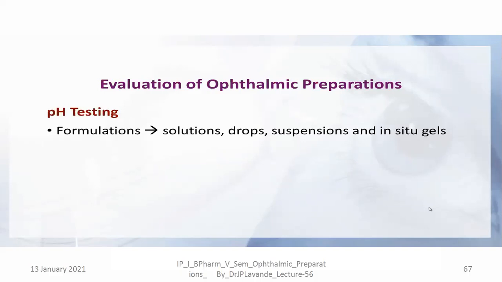Now let's move to the pH. It is most important to have the optimum pH in the case of ophthalmic products, because if it is not optimum, it may lead to irritation of the eyes. Formulations such as solutions, drops, suspensions, and gels must have the optimum pH.